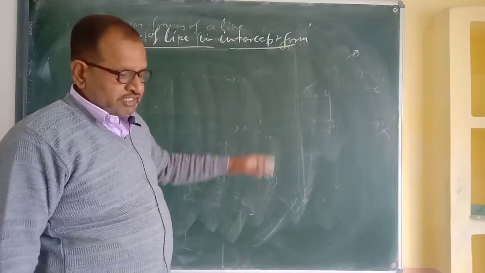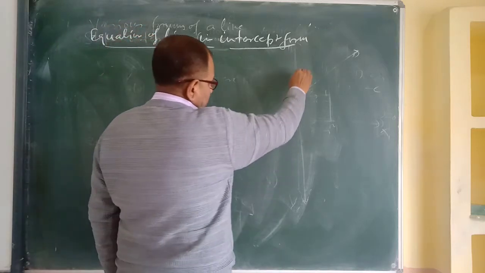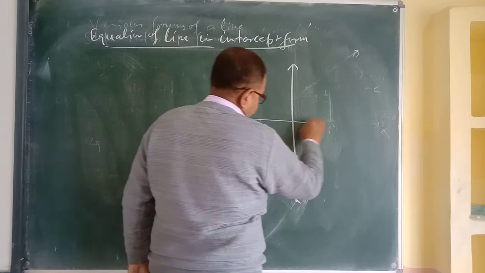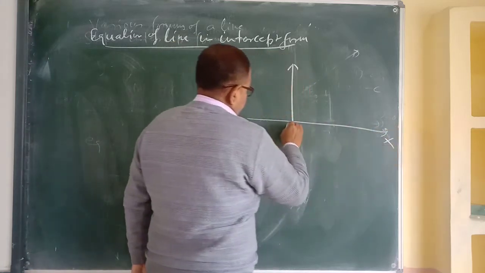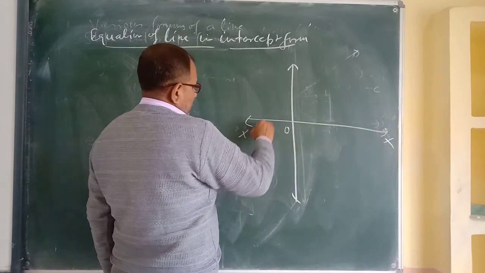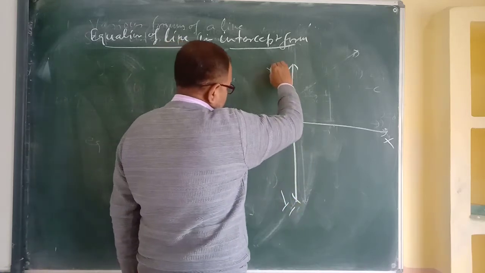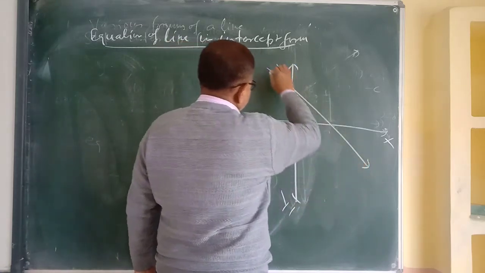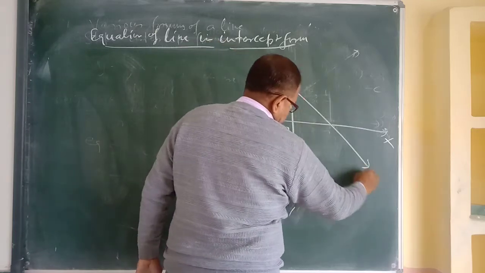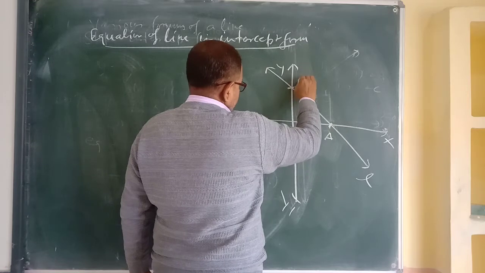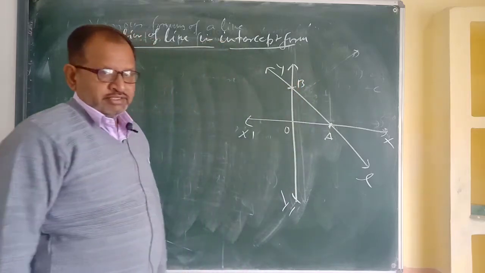Intercept means both the intercepts, x-intercept and y-intercept. Take XOX' as the x-axis and YOY' as the y-axis. Suppose the line is like this. This is the line L. It cuts the x-axis at point A and the y-axis at point B.